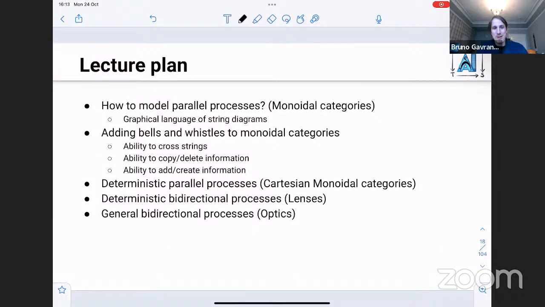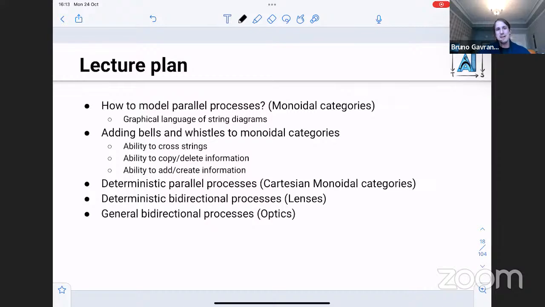So this is the lecture plan for today. We're going to answer all of these previous questions using category theory. So we're going to see how to model parallel processes using something called monoidal categories. And we're going to talk about their graphical language of string diagrams.